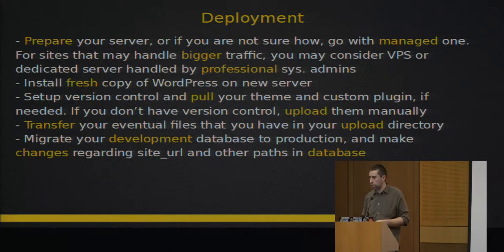You set up version control if you need one. If not, you will transfer your theme and eventually custom plugins manually by uploading them to an FTP. And this is why it's important not to keep anything beside the WordPress theme that you are using and custom plugins on version control.